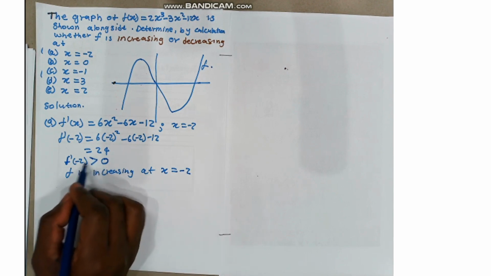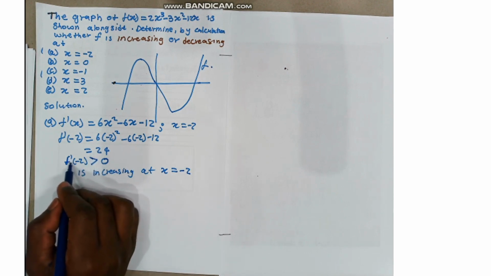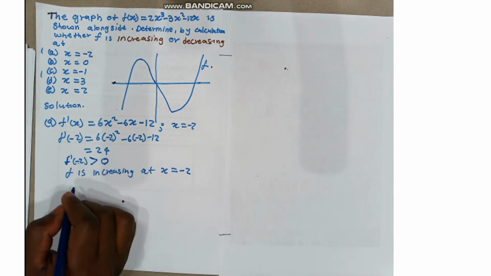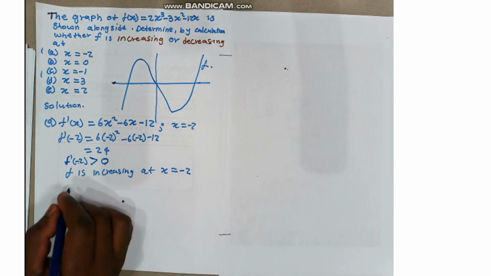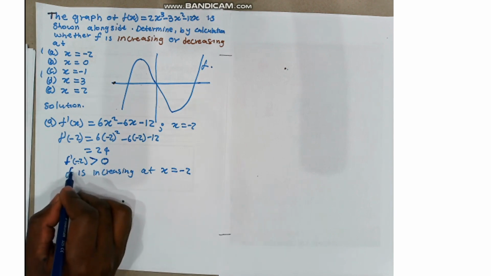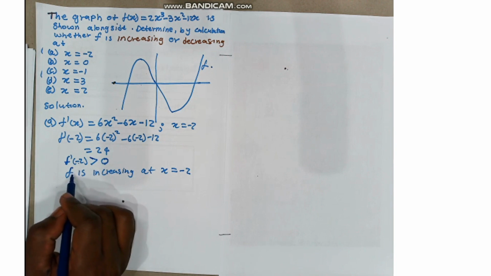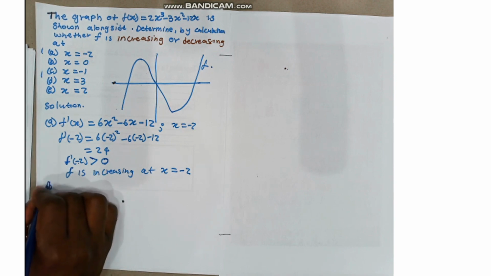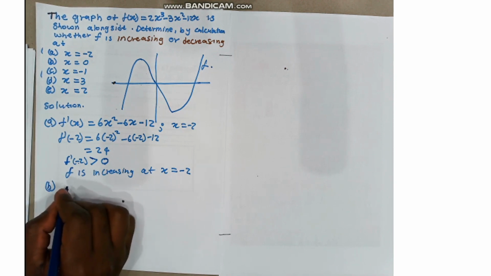F is increasing. It's not f prime that is increasing, but f, which is increasing or decreasing, determined by f prime of x.